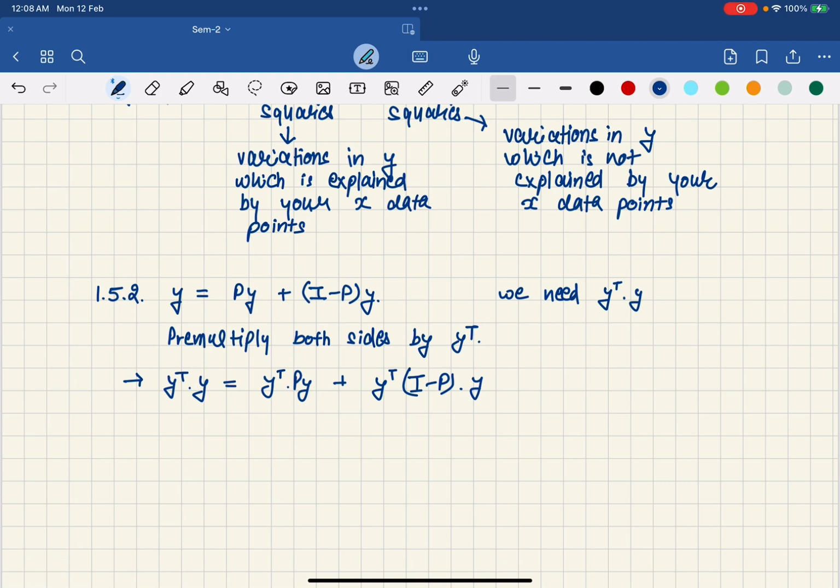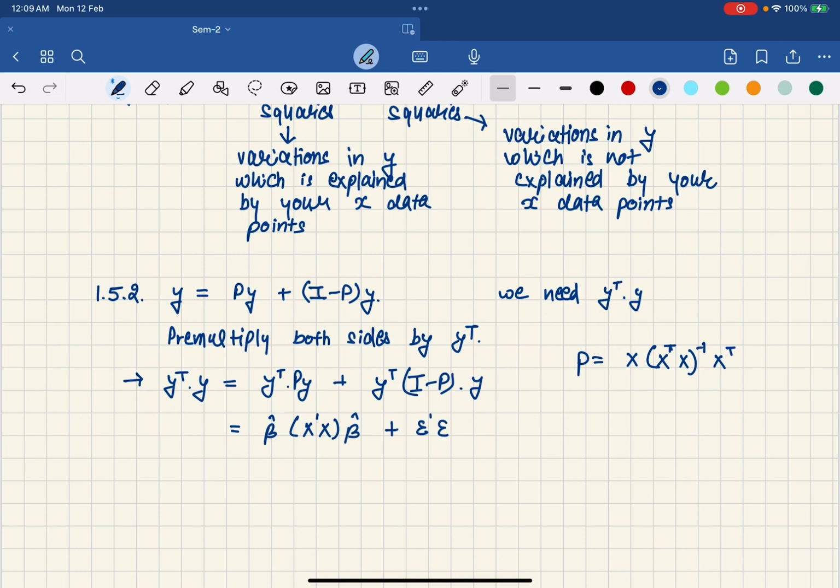Right, when you simplify this, you will get exactly b hat X transpose X b hat plus e transpose e, when you put the values of P and I minus P here. Okay, your value of P is equal to X (X transpose X) inverse X transpose.